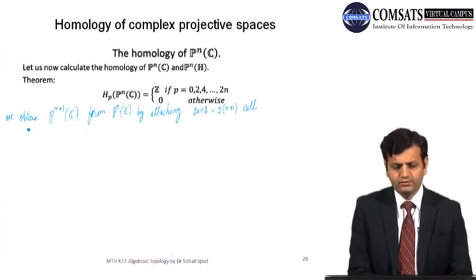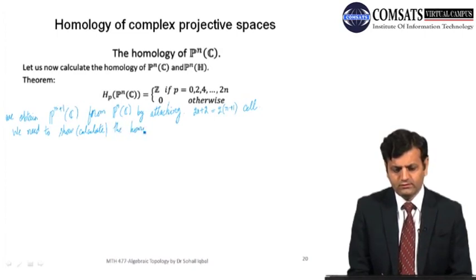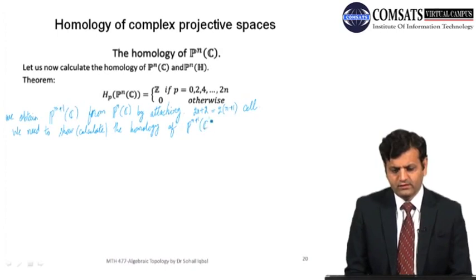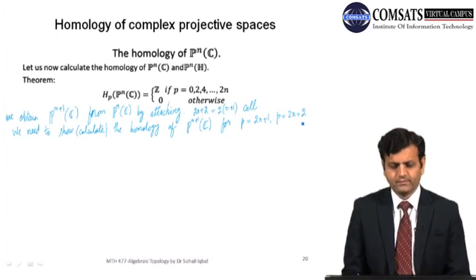So we only need to calculate the homology of P^{n+1}C for p equal to 2n+1 and p equal to 2n+2.